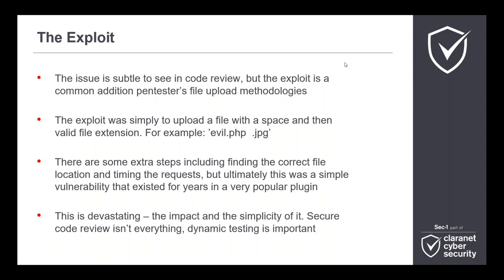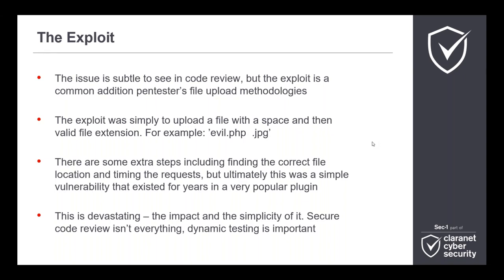One thing I tend to do with almost all file uploads is fuzz the file extension. You want to try and add things like white space, tabs. You want to basically just get your evil.php to be a PHP file running on the web application and executable, because then you have remote code execution.